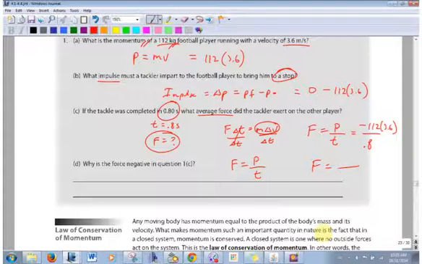Okay, so I didn't work out the numbers, but like I say, you know how to put that in your calculator as well as I. Why is it negative? Well, to change that momentum, you must put the force in the opposite direction, right? So we know by convention, if one way is positive, then the other way must be negative.